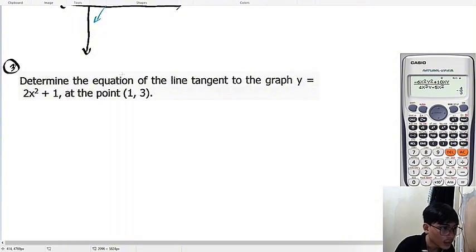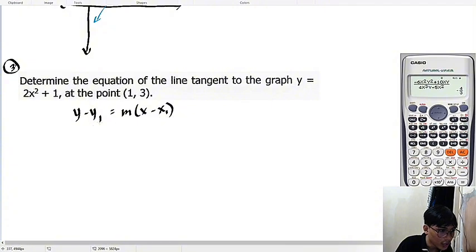Okay, determine the equation of the line tangent to the graph y equals to 2x squared plus 1 at the point 1, 3. So now, di ba, in getting the equation of a tangent line, simply y minus y sub 1 equals to m times x minus x sub 1.